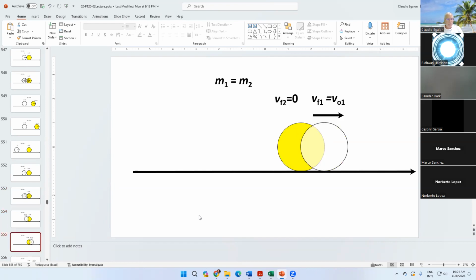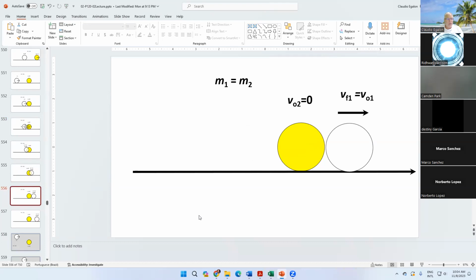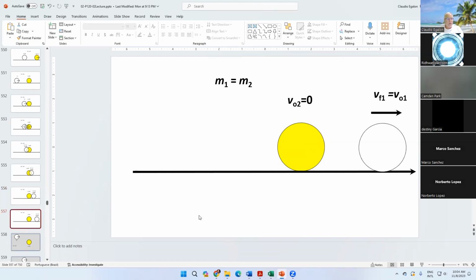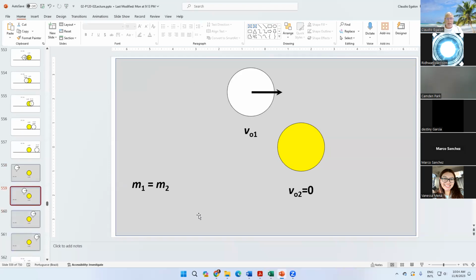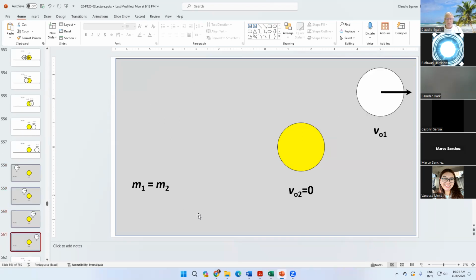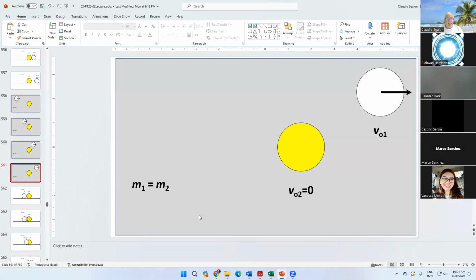That's what the mathematical solution provides us. Something like that cannot exist in the real world unless the first mass is slightly shifted from the second mass. Unless you have a situation like that seen from the top, okay? Seen from the top, in this case, there is no collision whatsoever. And the first mass continues to propagate at v01. And that's what the mathematical solution is all about.